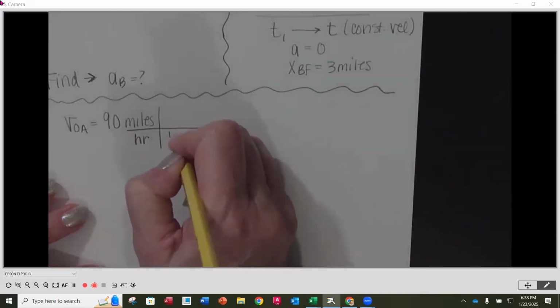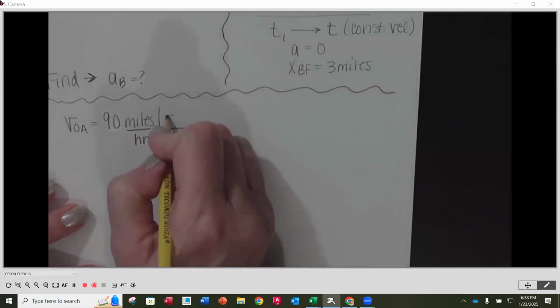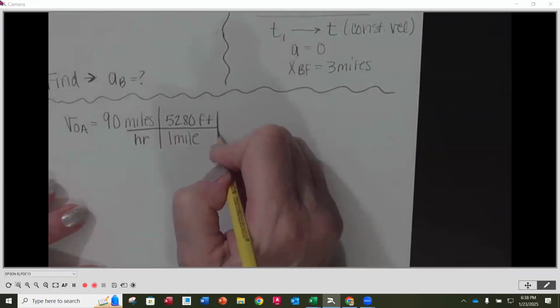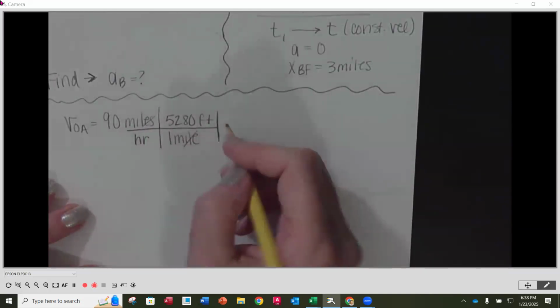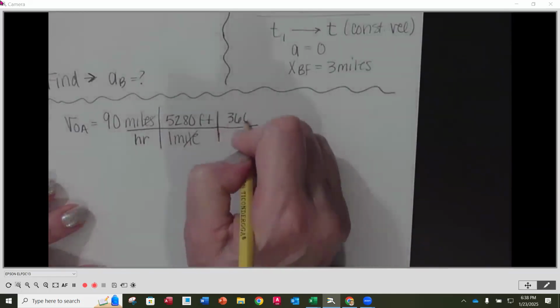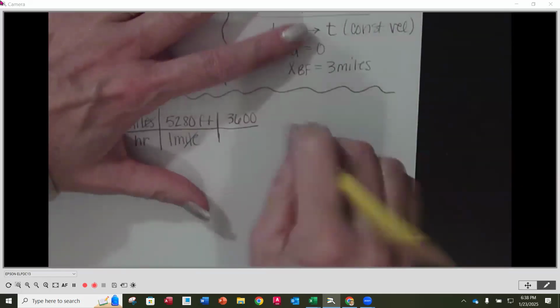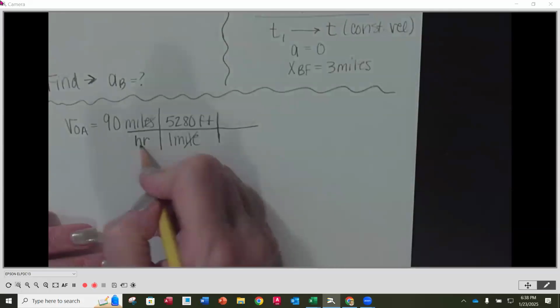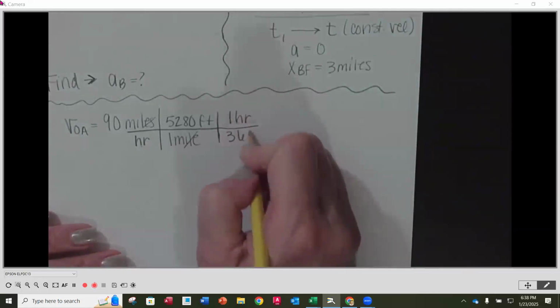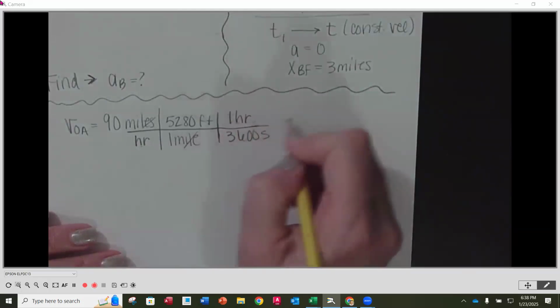So in 1 mile, there are 5,280 feet. Miles cancel out top to bottom. And now I need to get my hours to seconds. Oh, sorry, my hours are on the bottom here, so my hour goes on top here. So 1 hour is equal to 3,600 seconds.